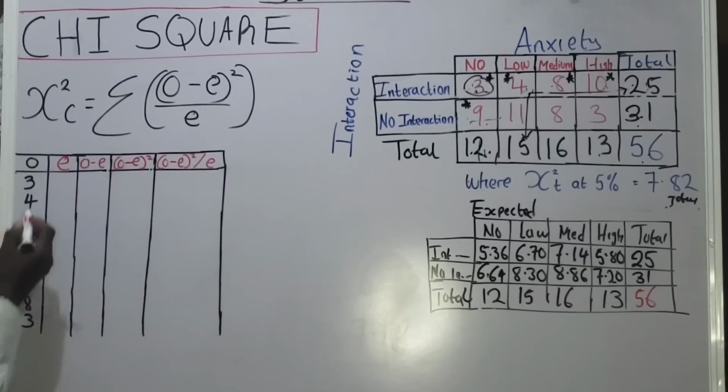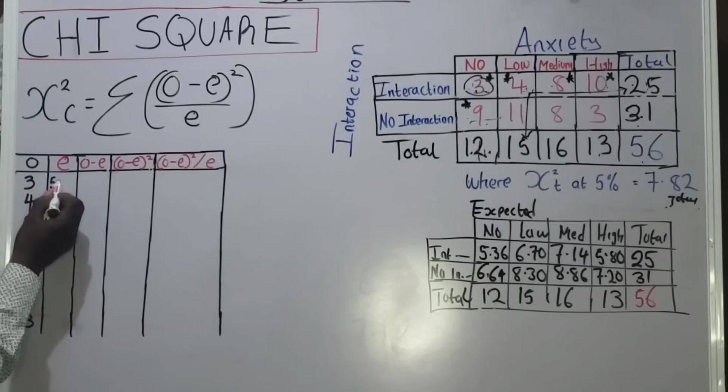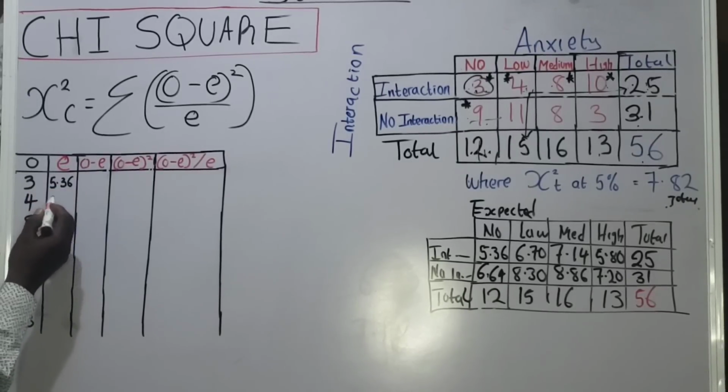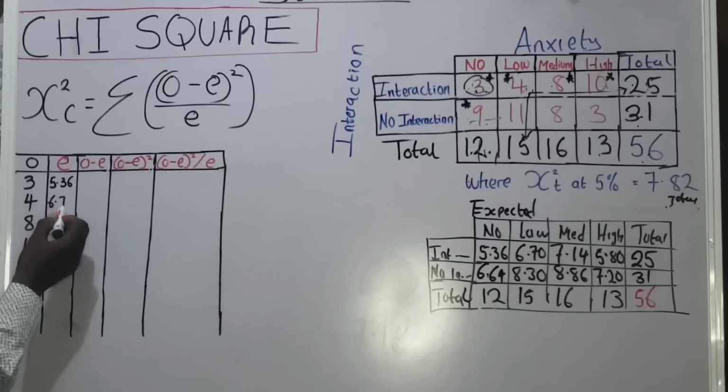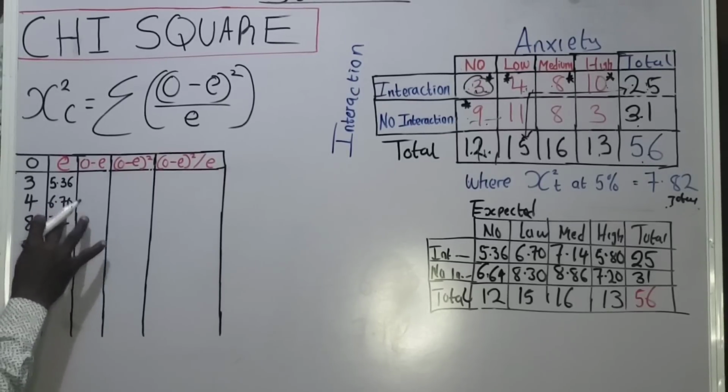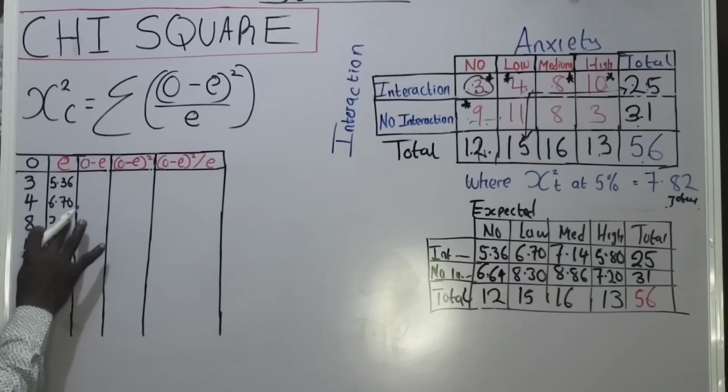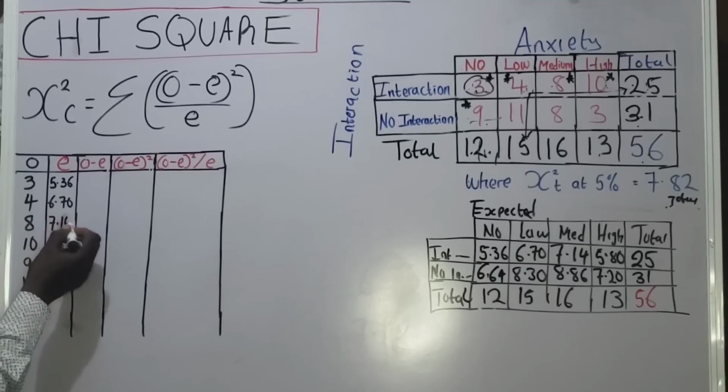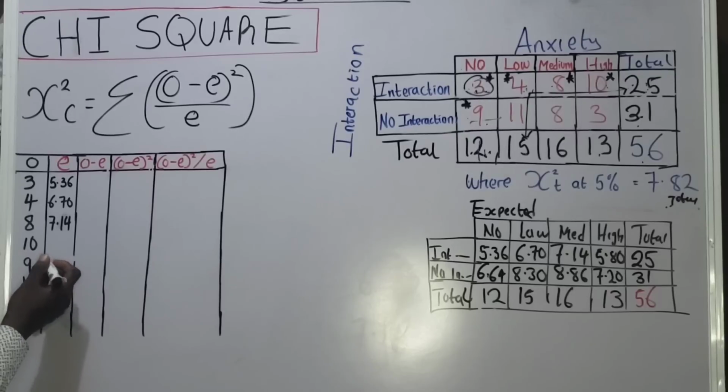Now, the expected value. The first, for 3, is 5.36. For 4 it is 6.70. For 8 it is 7.14. For 10, it is 5.80.